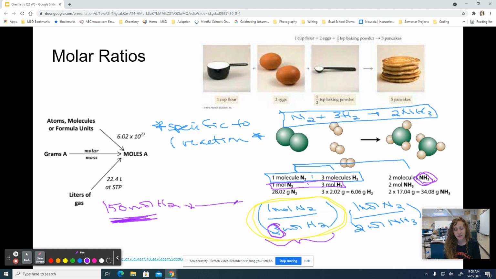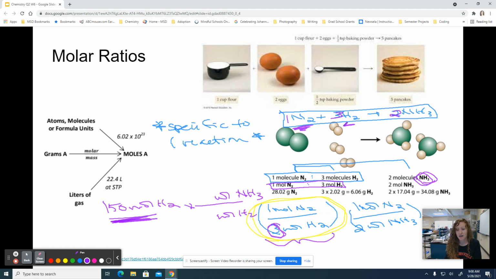Well, we can now figure that out. We can convert from moles of hydrogen to moles of NH3 using the ratios 1 to 3 to 2 in my reaction. Now, I'm going to assume that I have as much nitrogen as I need.